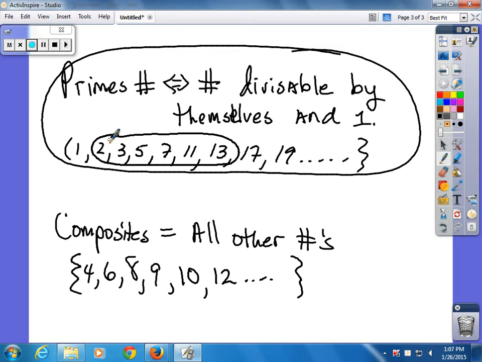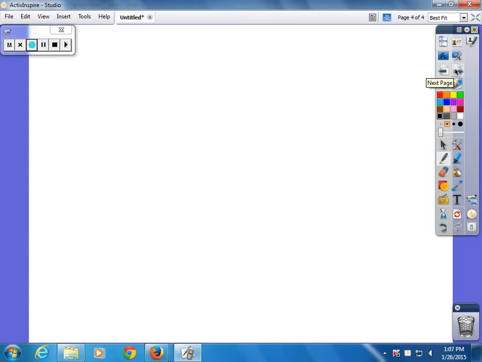So, let's take 50 for example, and let's break it up into prime factors. The first thing I do is I put 2, 3, 5, 7, 11, and sometimes 13 at the top.